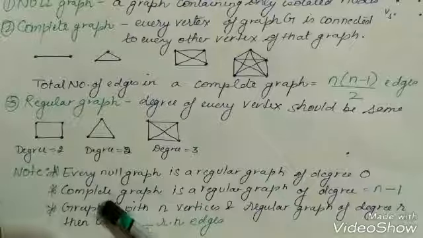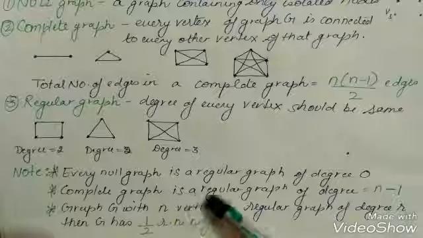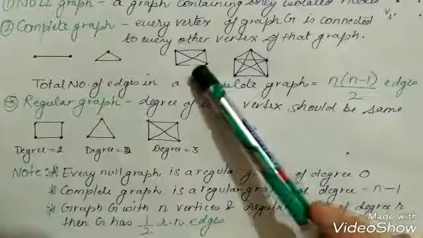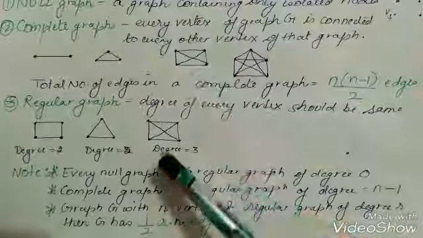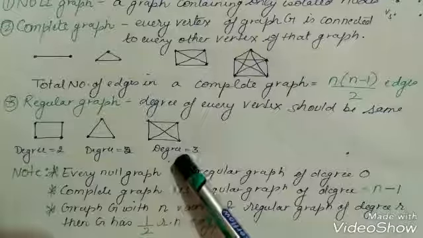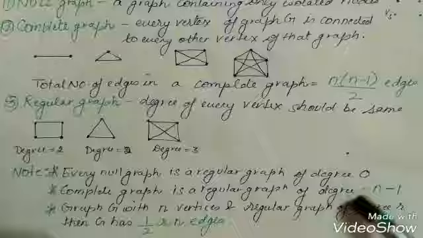So let us read the statement again. A complete graph is a regular graph of degree n minus 1. Here n was 4 and the degree can be calculated by n minus 1, which is equal to 3. So this is a valid statement, and one needs to remember this.